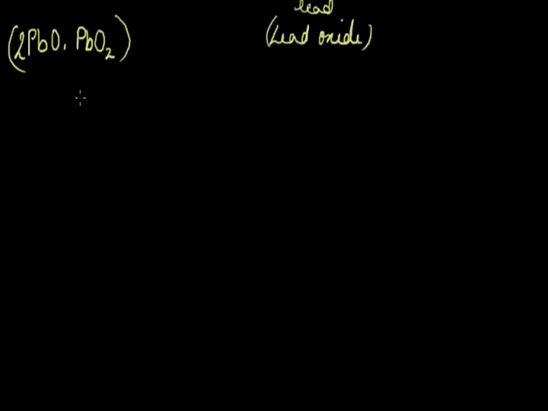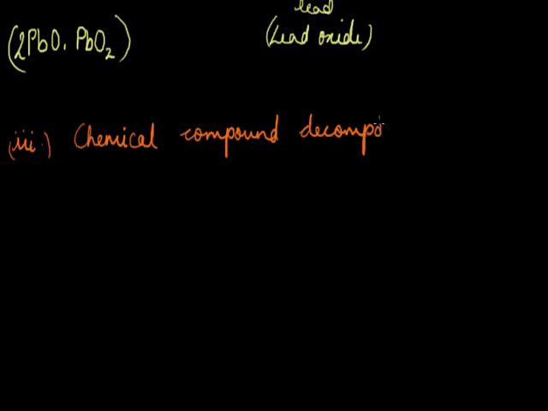Now the next type of decomposition reaction is the category in which the compound decomposes to give new compounds. A chemical compound decomposes to produce new compounds.